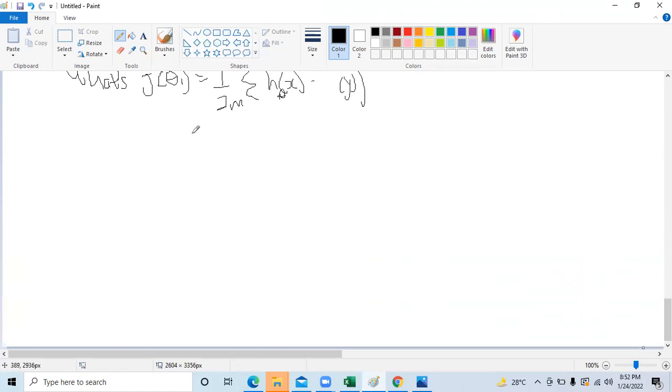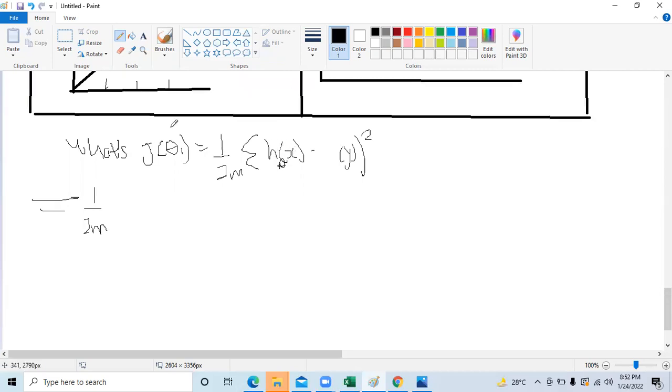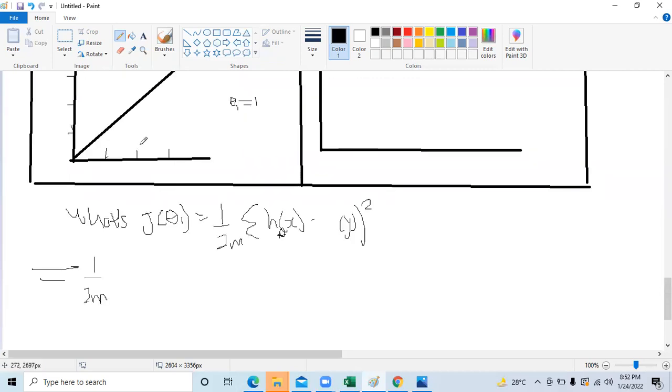So j theta here will be equal to 1 over 2m. For the first example, h of x is 1, and y is actually also 1, so that will be 0 squared.